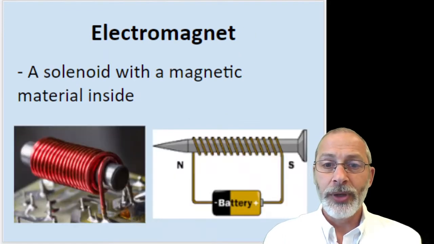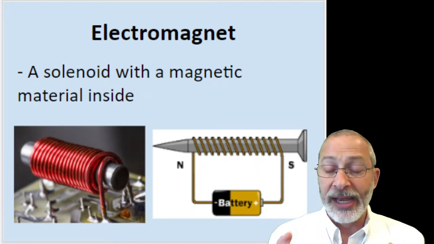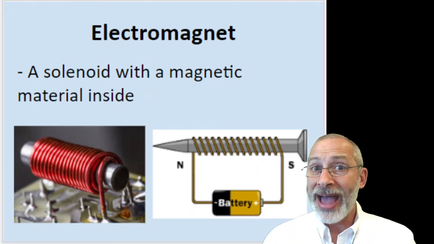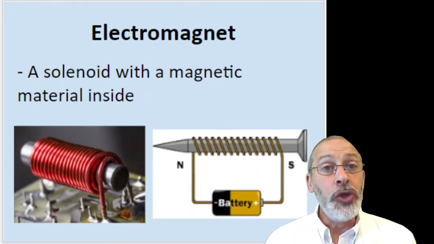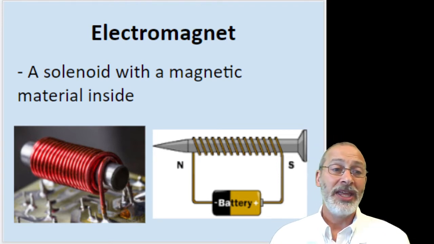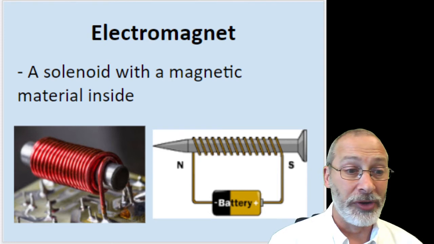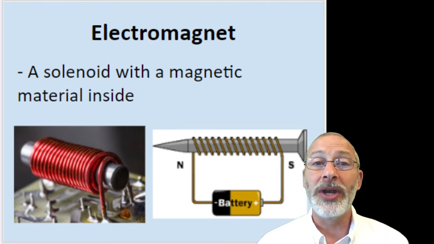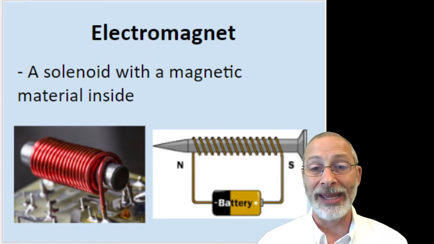Now, electricity and magnetism can be used in a variety of ways, and one of the ways that we have discovered over time is what is called an electromagnet.